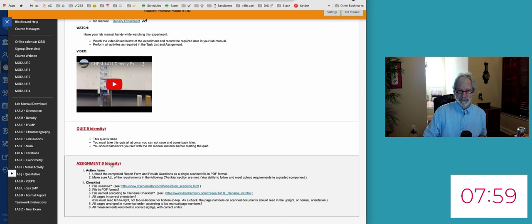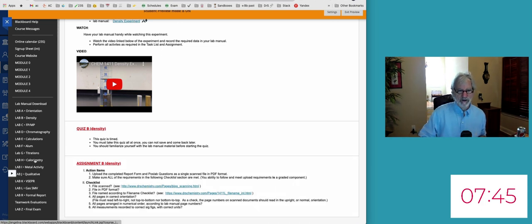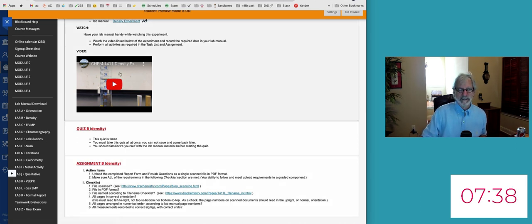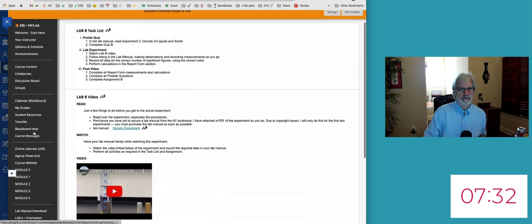That assignment is basically to take the data, complete the post-lab questions, scan it in a PDF format, and upload it. And then you'll repeat that process for most of these labs. As an aside, there will be a couple of labs that are special assignments that won't follow a video, but you will be told about those as the semester goes.